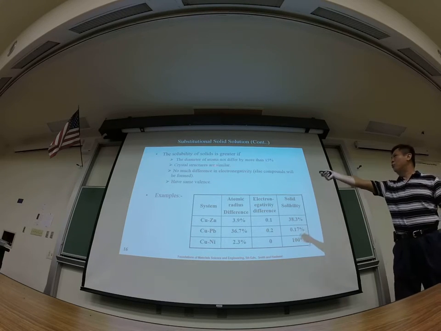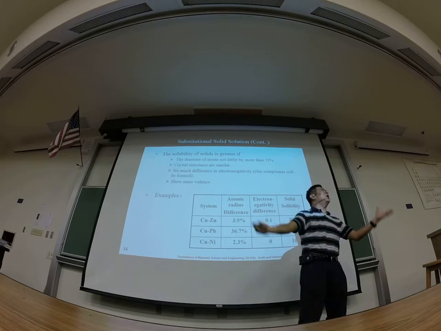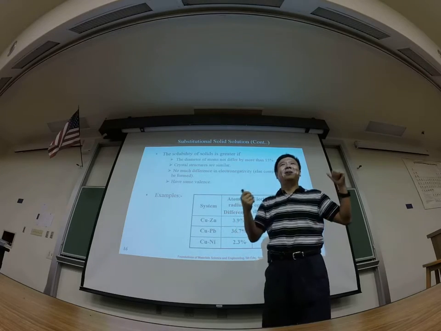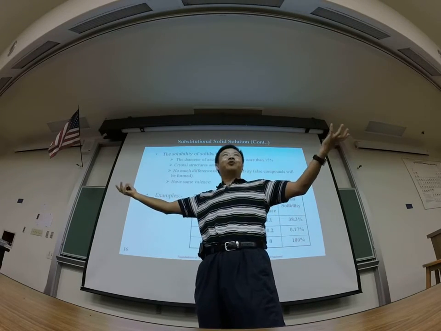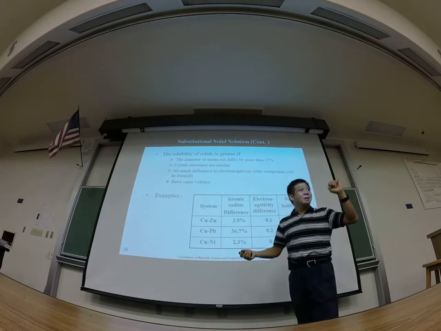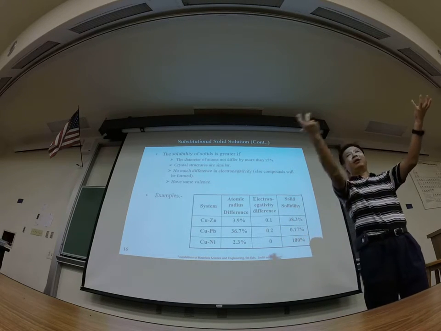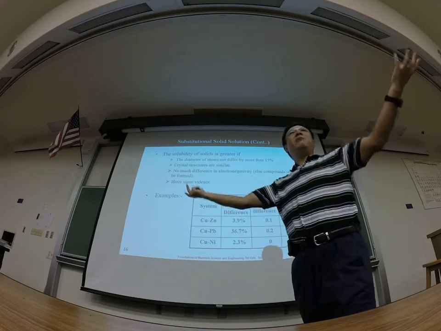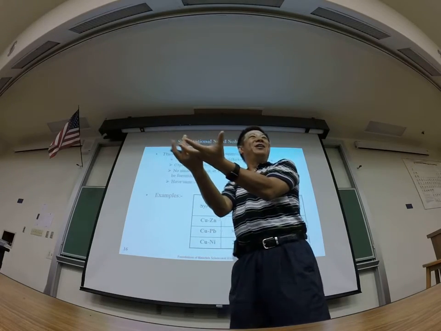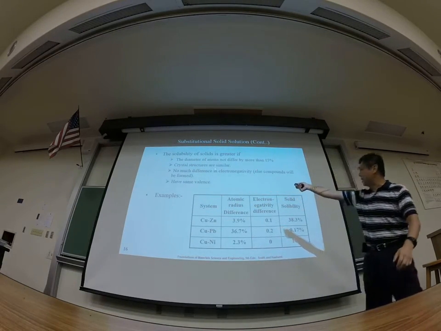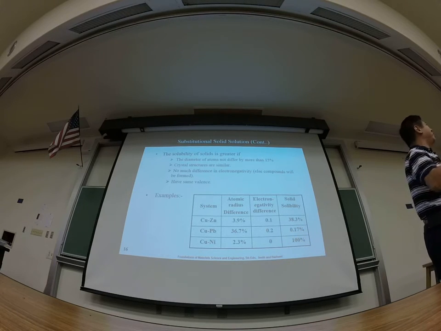Another one, you do not want them to have too much difference in electronegativity. Otherwise, remember when we talked about chapter 2, when the electronegativity difference between two metals or one metal and a non-metal is too large, they will react chemically, right? So their electronegativity difference should not be too large.